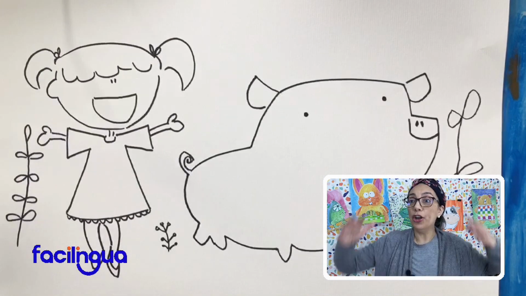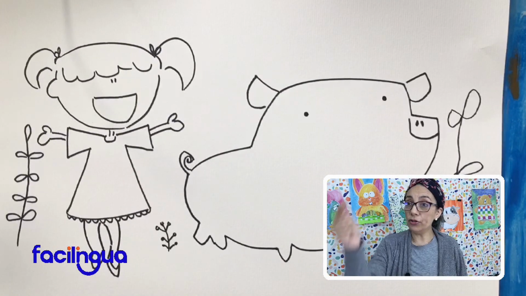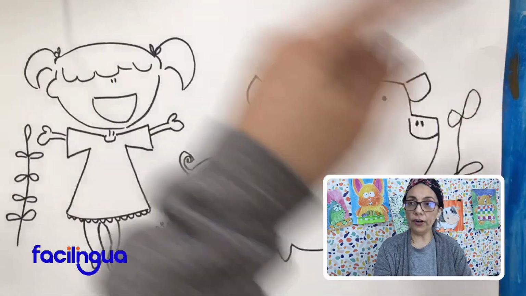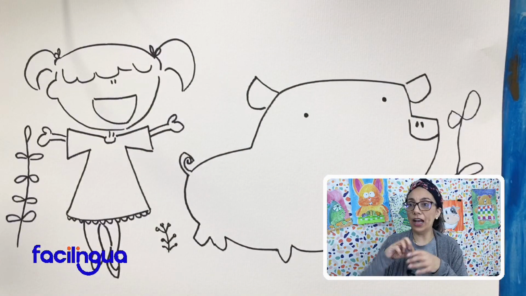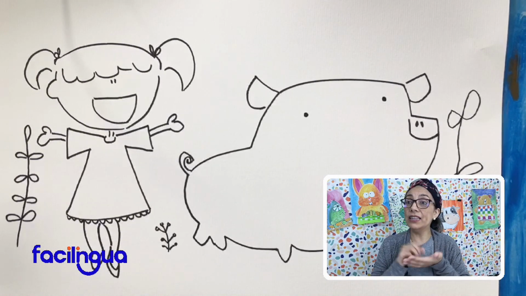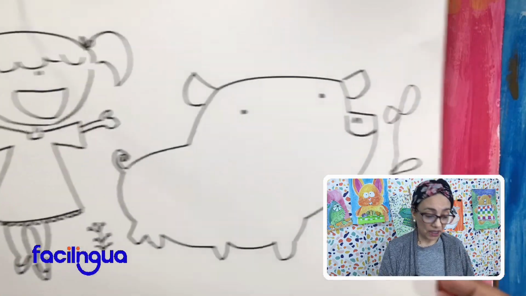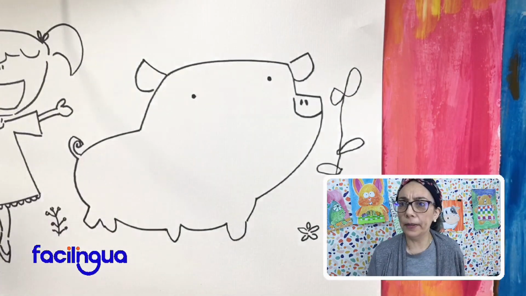The pig is enormous. Yes. She looks outside of her house, afuera, outside. There is a pig. And the pig is enormous, and is big, and is spectacular.